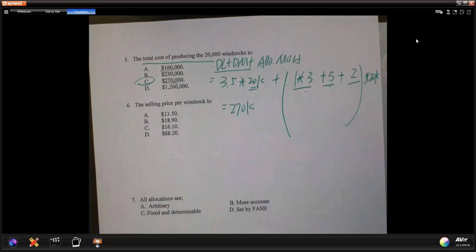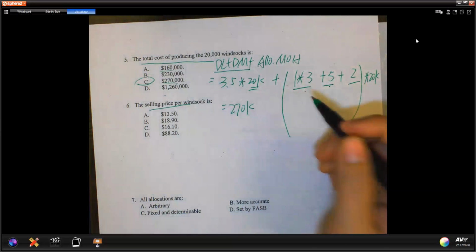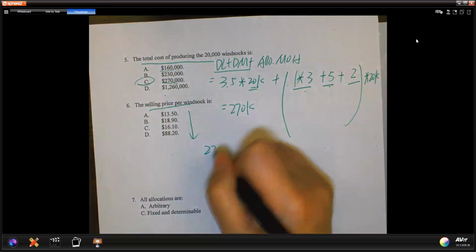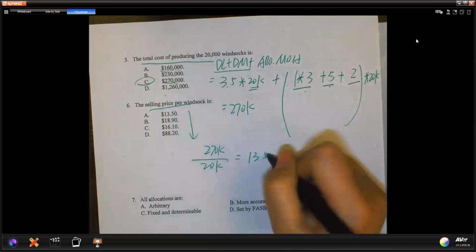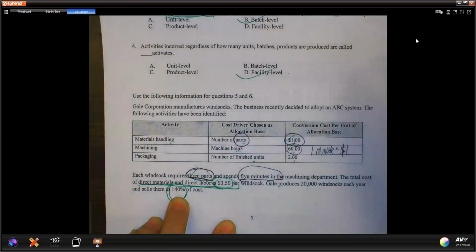Okay, next question asks what's the selling price. For 1 unit, the cost is $270,000 divided by 20,000 units, which gives $13.5 for each one. That's the cost. The question says your selling price is 140% of the cost.